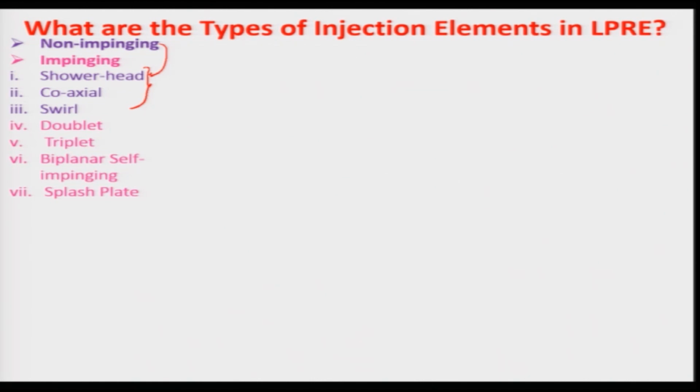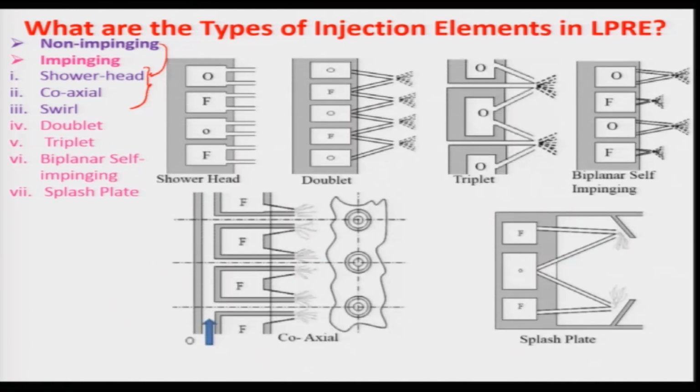Keep in mind that non-impinging atomizers are generally used for non-hypergolic propellant, whereas the impinging atomizer can be used for either hypergolic or non-hypergolic propellant, depending on the type of design one should use.